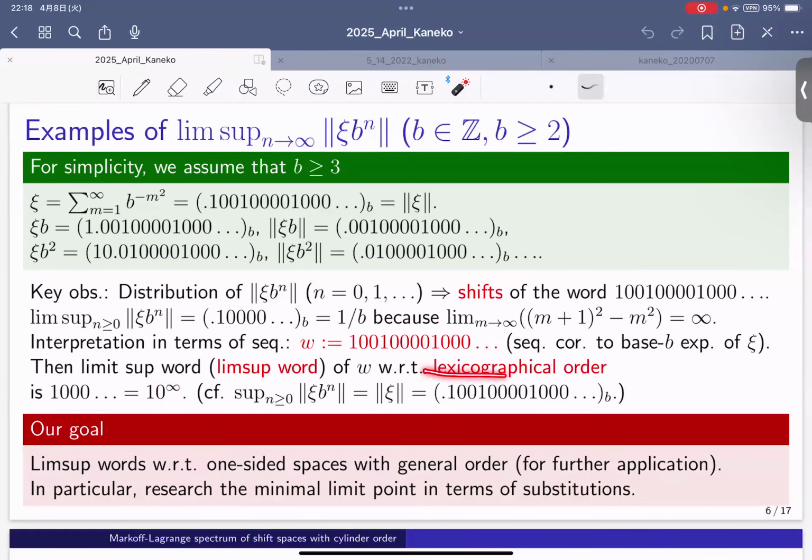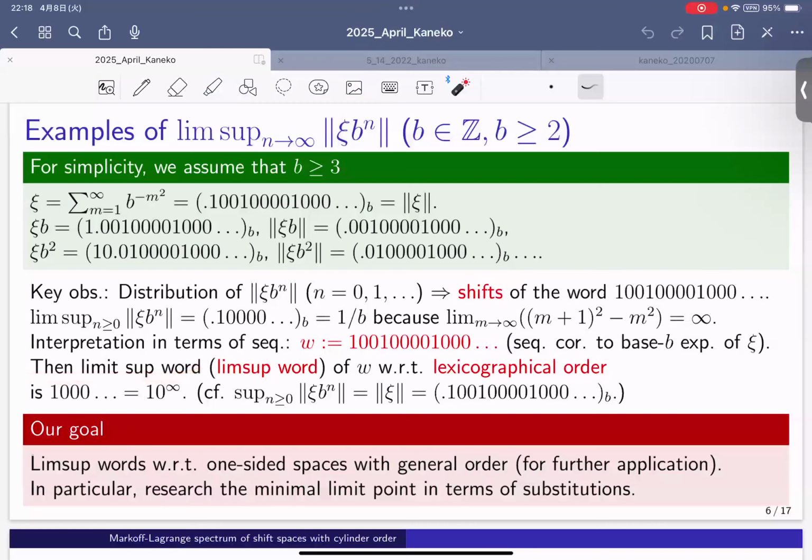We consider lexicographical order because the order of base B expansions corresponds to the lexicographical order of sequences.